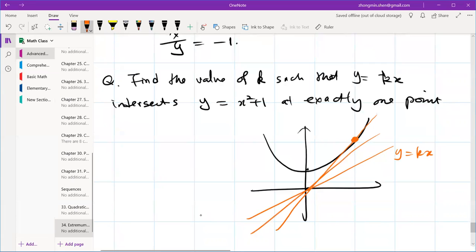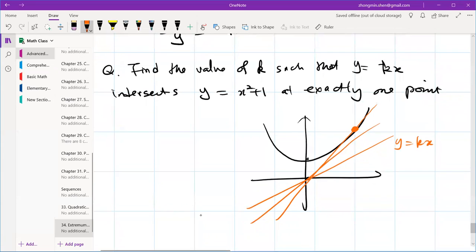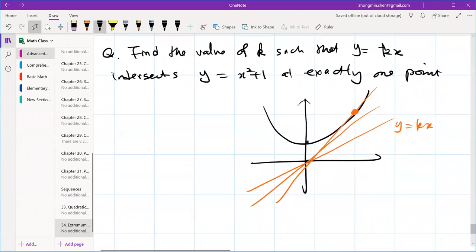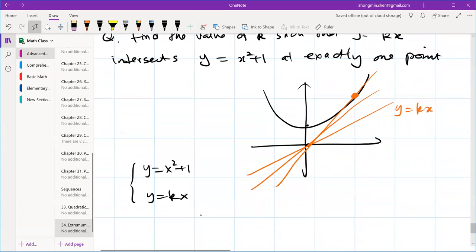Now, you just pretend to find the intersection point to solve the problem, okay? So how do you find the intersection point? That's the first equation. The second equation, y equals x squared plus 1. This should have exactly one solution, because when you have a solution, you get the intersection points, right?